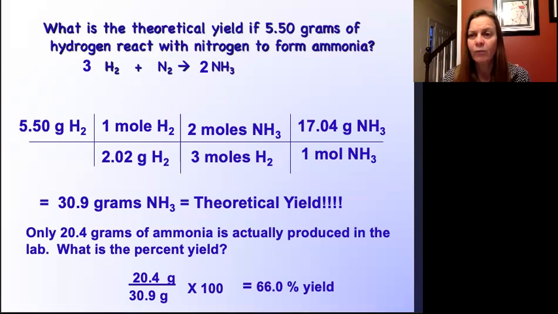So we're just adding one more layer of understanding to our stoichiometry. We will always be given actual, or it's something that we'll measure in a lab. We determine theoretical yield from stoichiometry. It's always actual over theoretical times 100%.